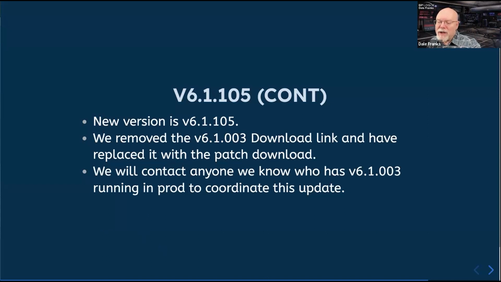A couple of you have 6.1.003 running in production. We think we know who you are. So you can expect us with the 6.1.105 to contact you and coordinate an upgrade, so that those two errors, which are the two primary errors in .3, we will coordinate with you to replace with the update, which should resolve your error and should require no intervention on your part, especially if you haven't messed up your sort order in your set form datas.